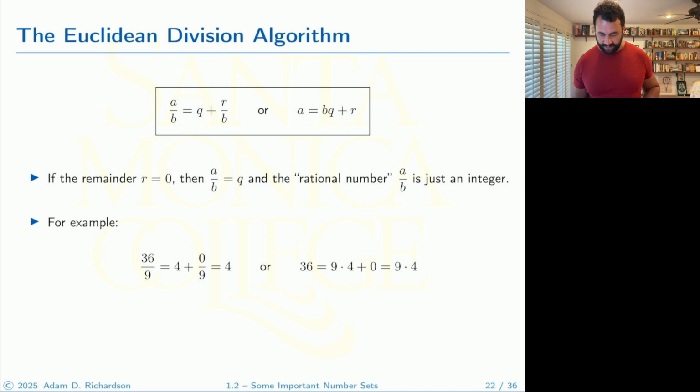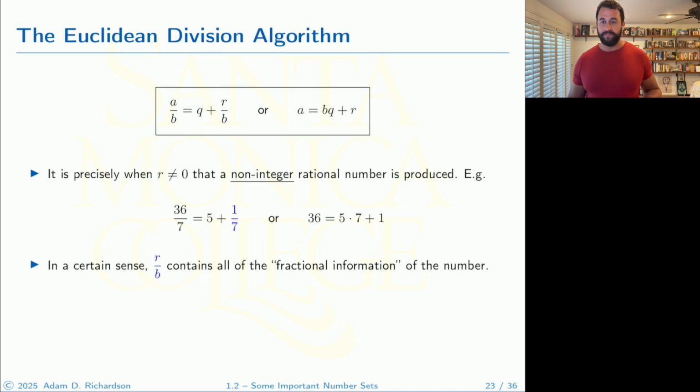So here's the thing, I kind of mentioned this before. If the remainder is 0, then a over b just equals q, and the rational number is just an integer. For example, 36 divided by 9 is just 4. The remainder is 0. It's precisely when r is not 0 that a non-integer rational number is produced. For example, 36 over 7 gives you 5 plus 1/7.